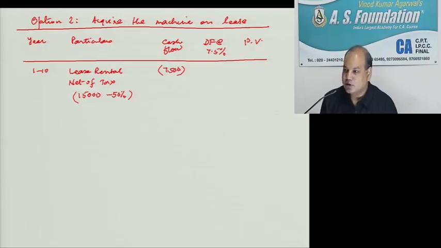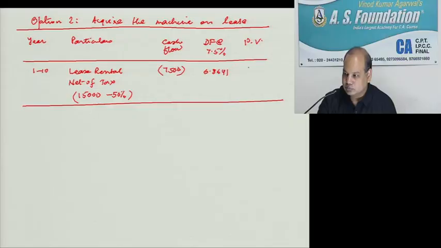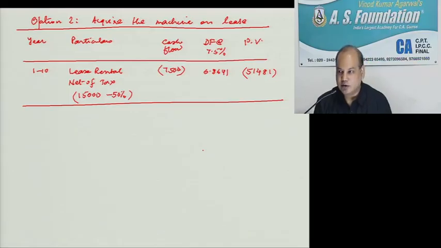Annuity factor you must have written in the previous answer. How much had you written for 1-10? 6.8641, multiply. Louder. 51,481 negative.